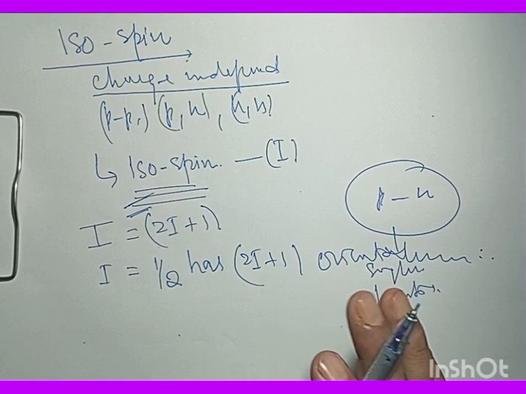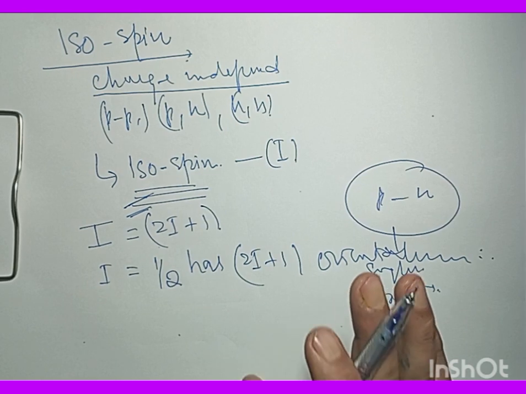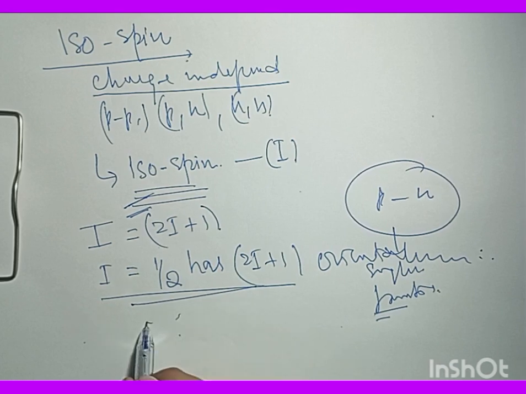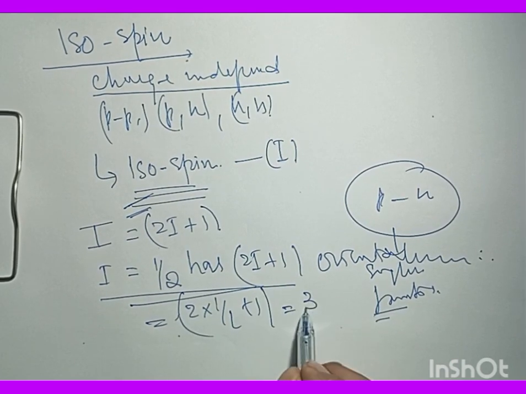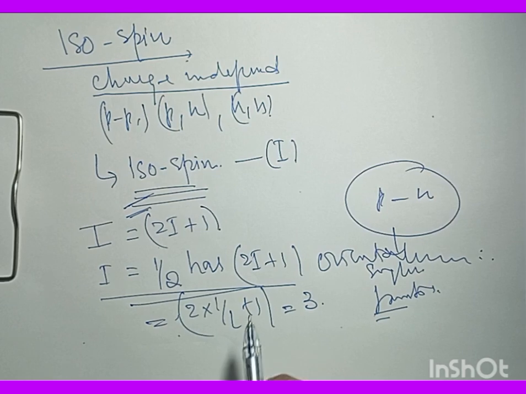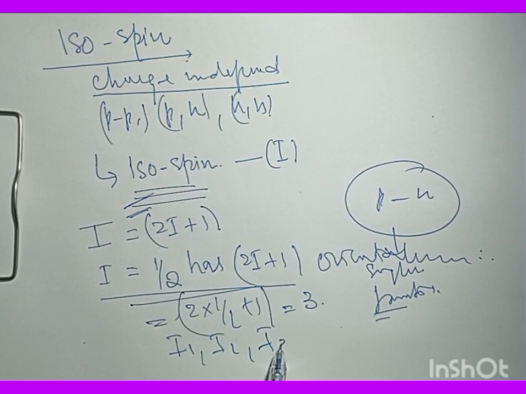These are the possible orientations in isospin space. Now the three components of this isospin: if I take I equal to 1, this is 2 times 1 plus 1, so this gives me 3 orientations. So we have 3 components of this isospin, and these can be symbolized as I1, I2, and I3.